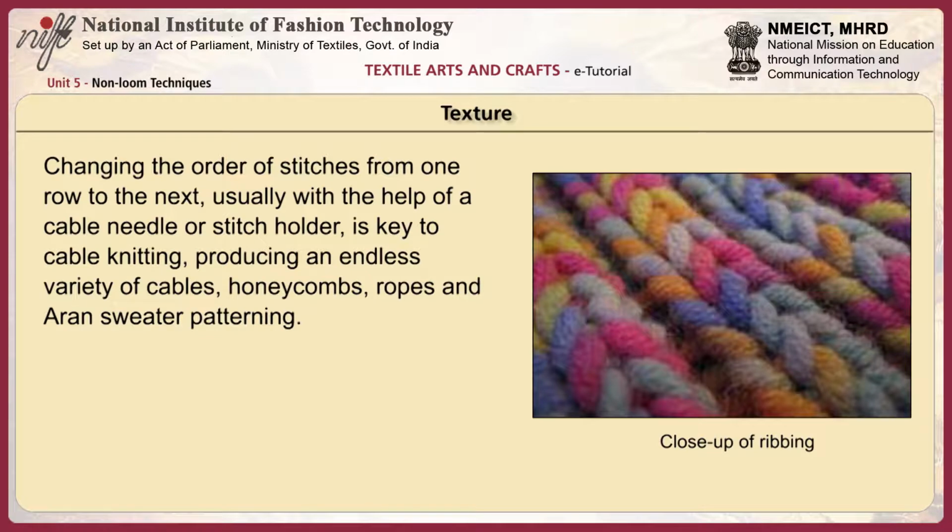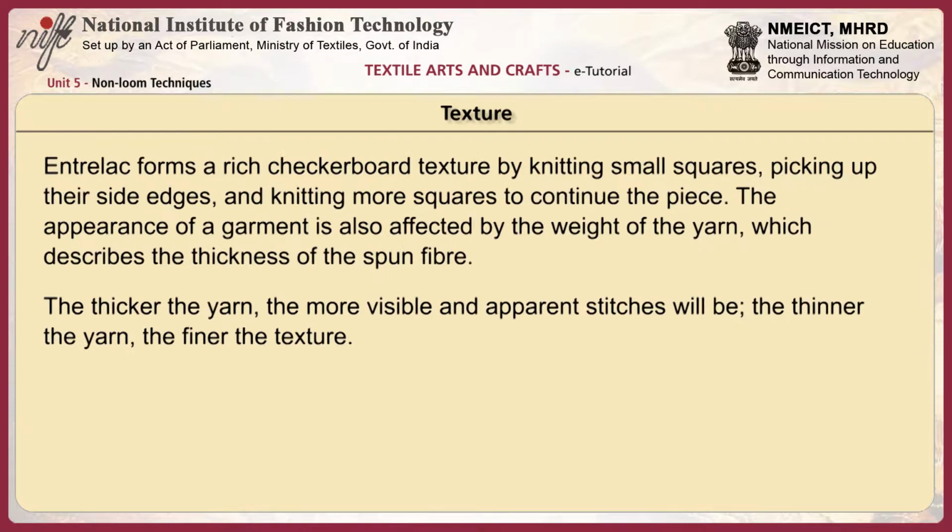Changing the order of stitches from one row to the next, usually with the help of a cable needle or stitch holder, is key to cable knitting, producing an endless variety of cables, honeycombs, ropes, and Aran sweater patterning. Entrelac forms a rich checkerboard texture by knitting small squares, picking up their side edges, and knitting more squares to continue the piece.